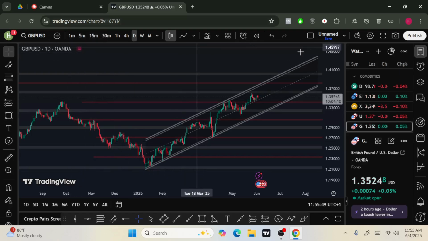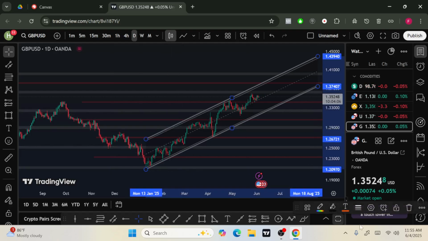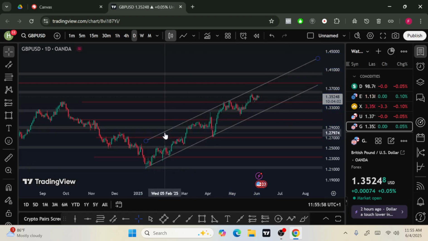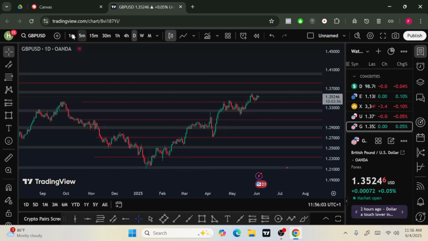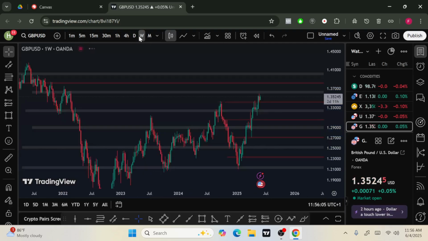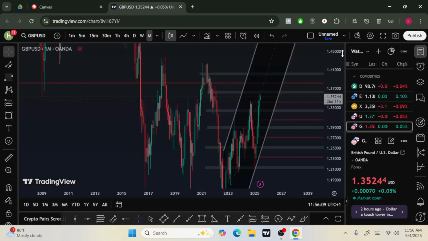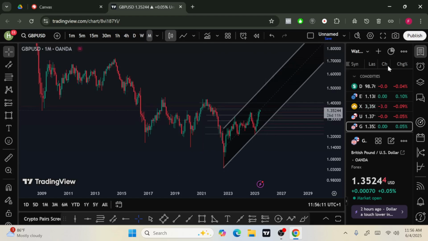So, where is the starting point of this structure? Now, let me take this off and start afresh. Now that we have an overall sentiment on our monthly and weekly time frame, which is up, up. Do you see it now?